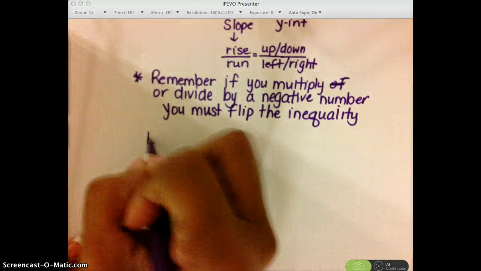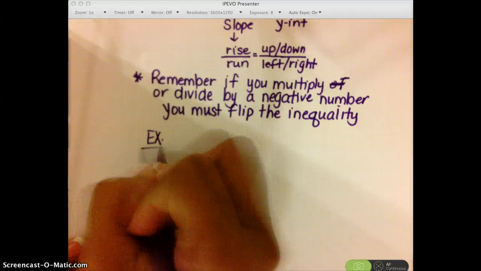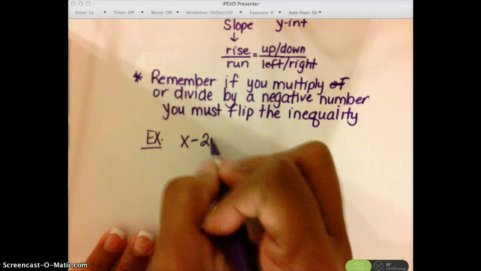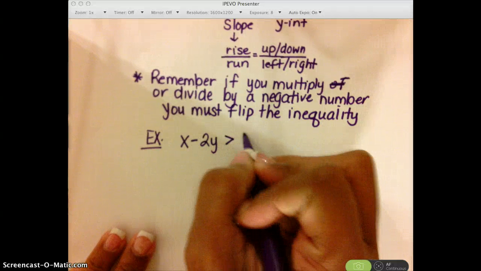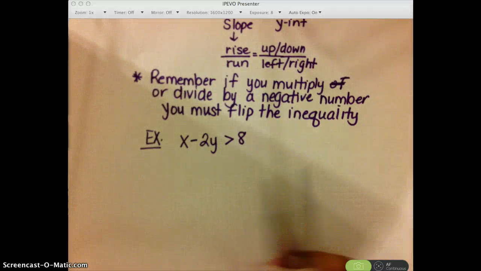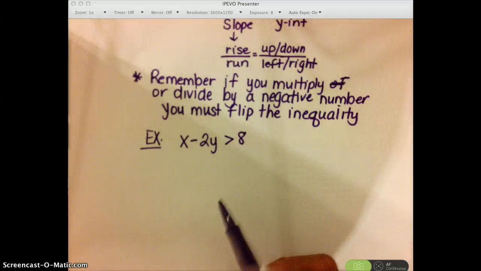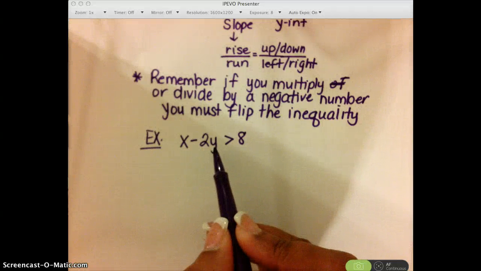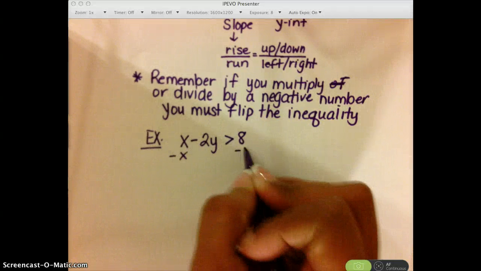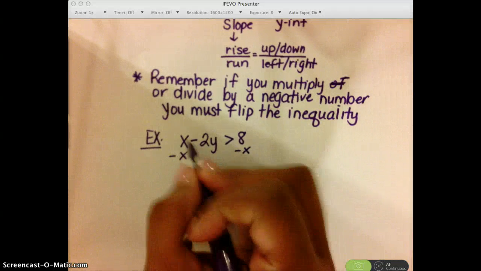Okay, here's an example. My inequality is x minus 2y is greater than 8. Now, to get this inequality in slope-intercept form, we need to isolate this y. To isolate the y, we're going to start by subtracting x from both sides.